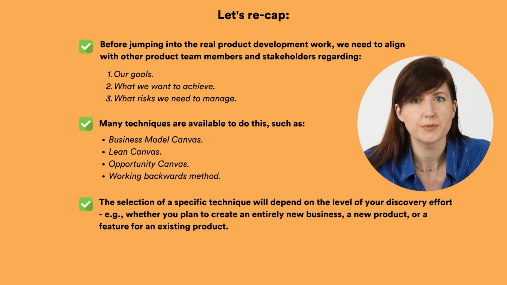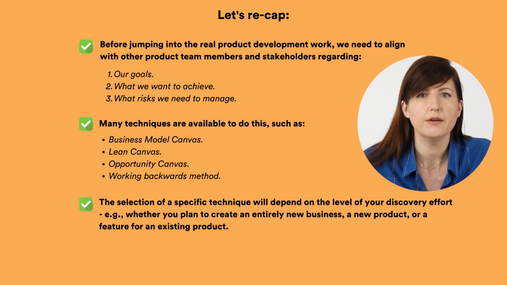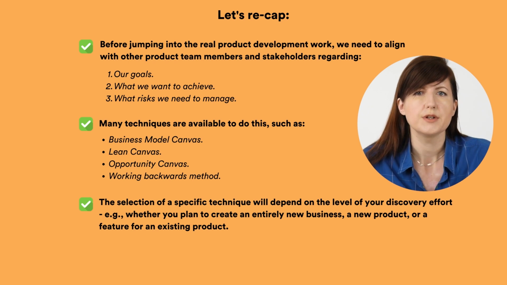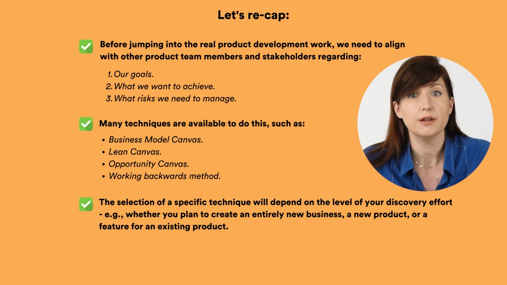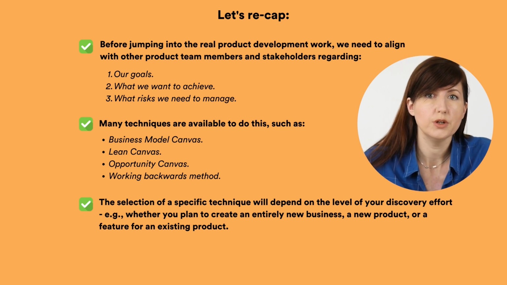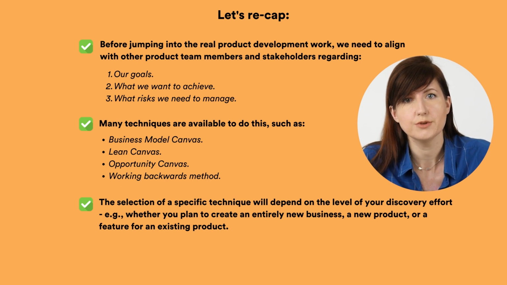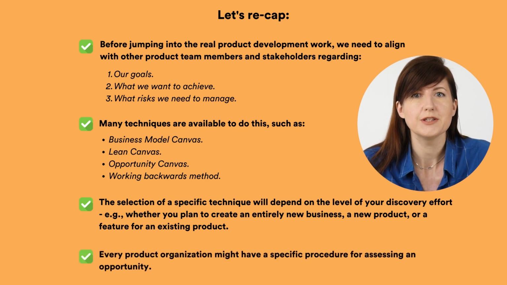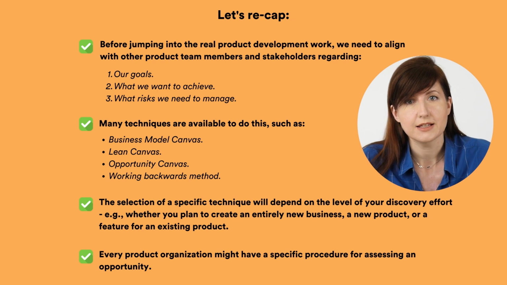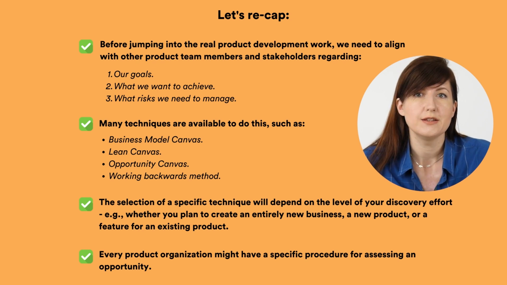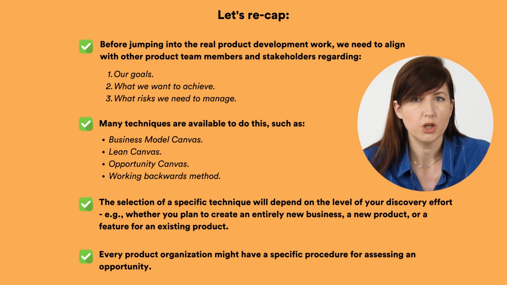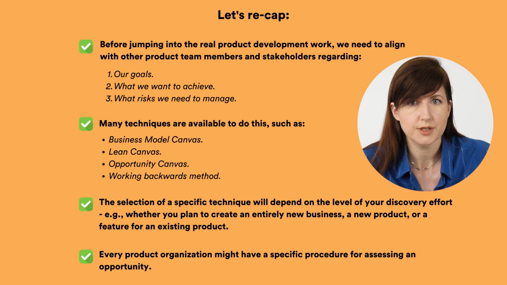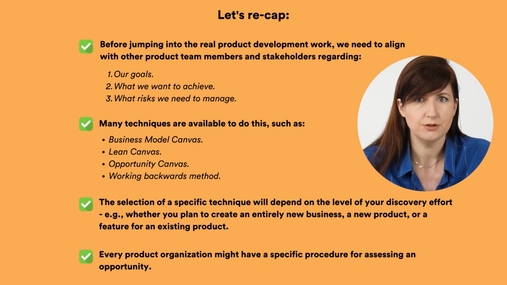The selection of a specific technique will depend on the level of your discovery effort. For example, whether you plan to create an entirely new business, a new product, or a feature for an existing product. Every product organization might have a specific procedure for assessing an opportunity. So, as a new team member, your job will be to make sure that you are aware of this process and start practicing it in your product work.